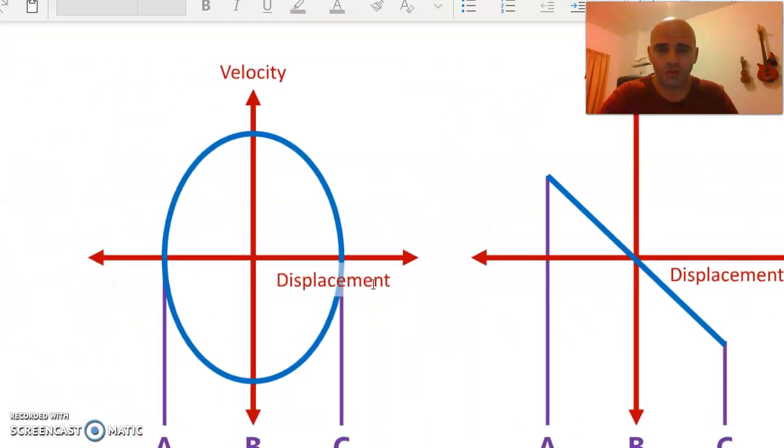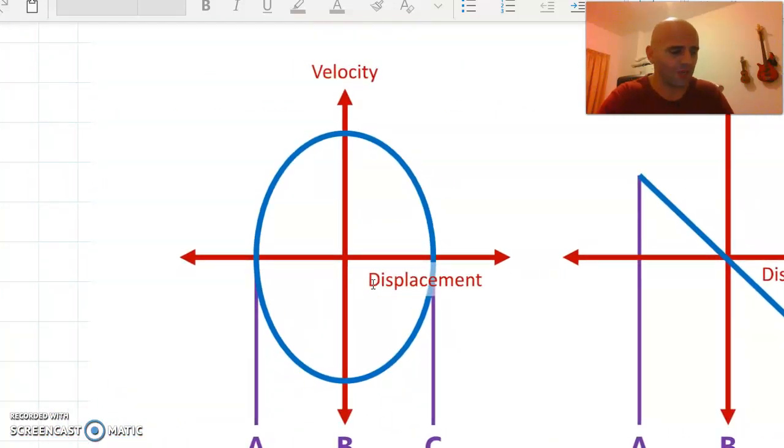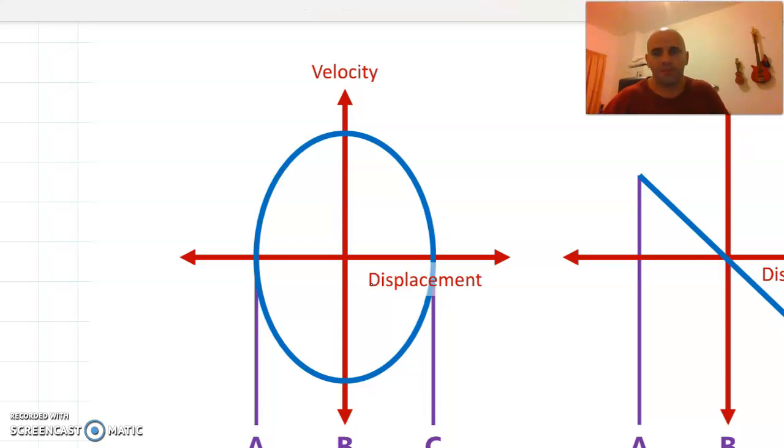If I just zoom in on the velocity, and if you think about it in terms of when the displacement is positive maximum, okay? So when the displacement is positive maximum, which is here, okay? Let me switch color. It's here, okay?